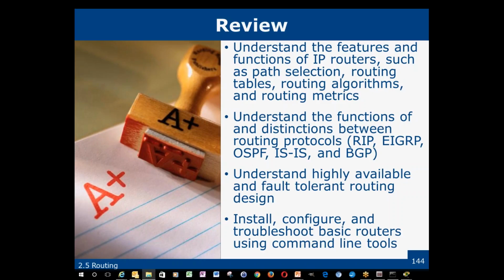Something to do with cost. About if we have more than one routing protocol. Which one are you going to use? What is the purpose of HSRP and VRRP? Reliability, redundancy.